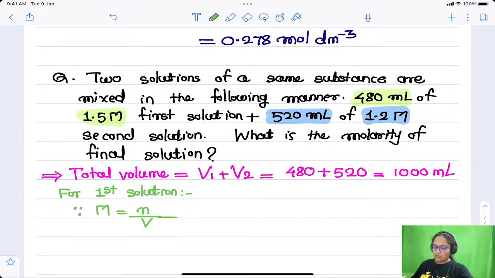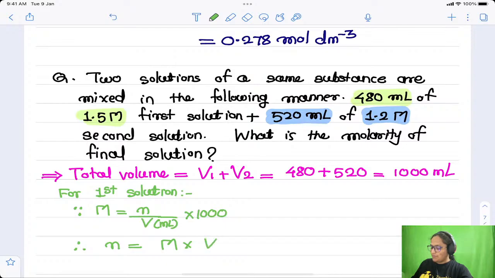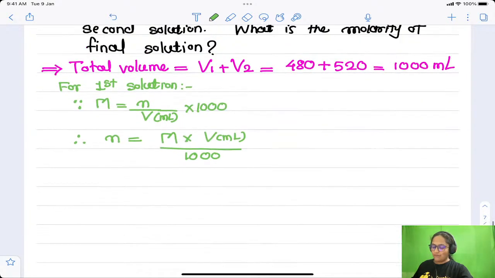But here the volume of the solution is given in milliliters, so I will divide it by 1000. Now this formula I can rearrange for number of moles. So number of moles will be equal to molarity into volume in milliliters divided by 1000. Do you understand? So the same formula I can rearrange for finding out the number of moles.